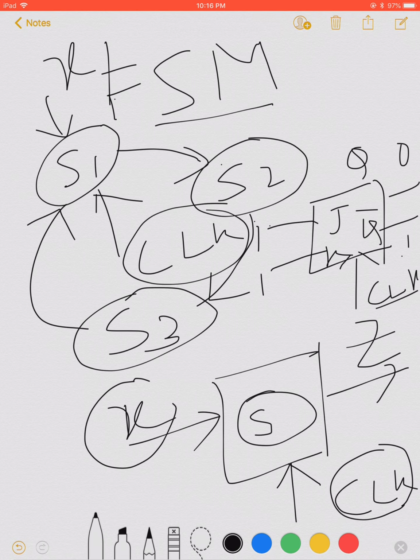So what transition it should take, whether S1 to S2 or S1 to S3, is determined by the external inputs. This is one example, and we'll discuss more details later in this lecture.